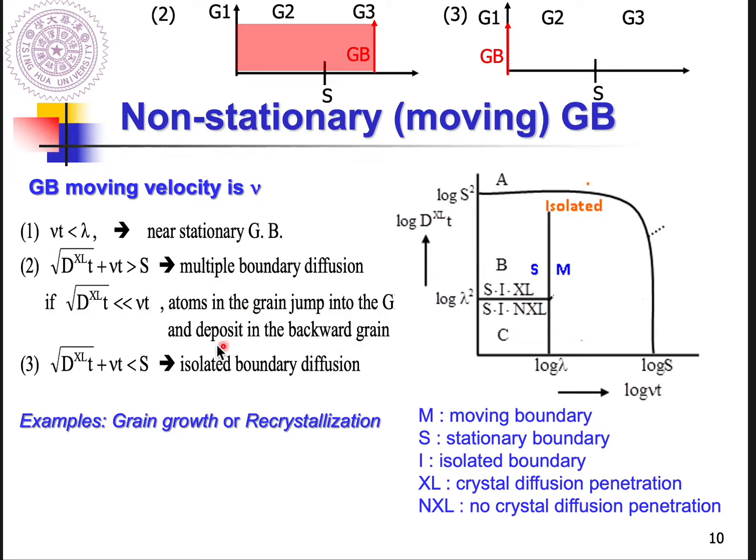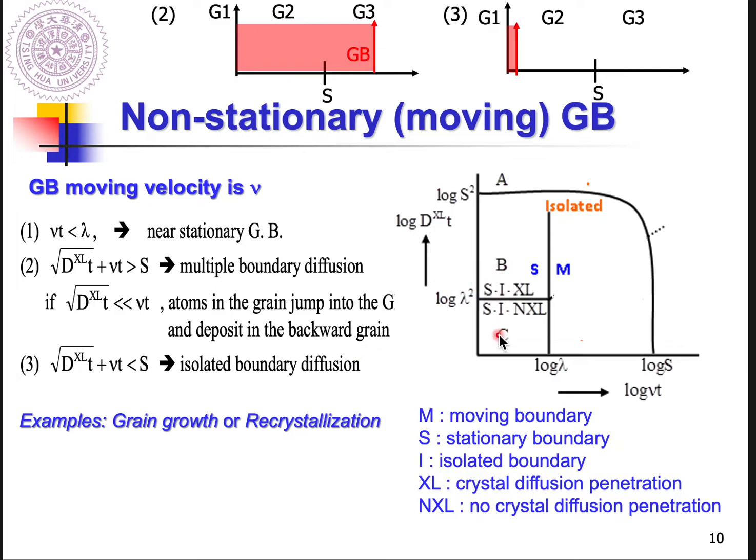And what about if the diffusion distance plus vt, the moving distance of the grain boundary, is smaller than s? That means this grain boundary moves just a tiny bit, smaller than s. And this kind of pattern you can expect is definitely isolated boundary diffusion.